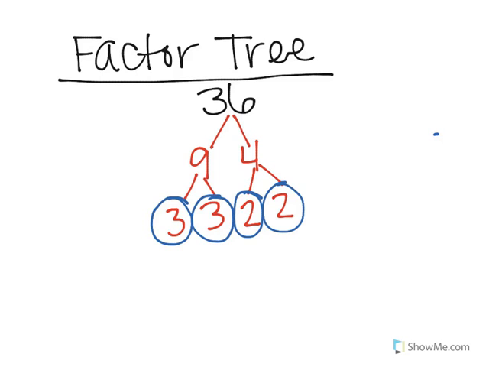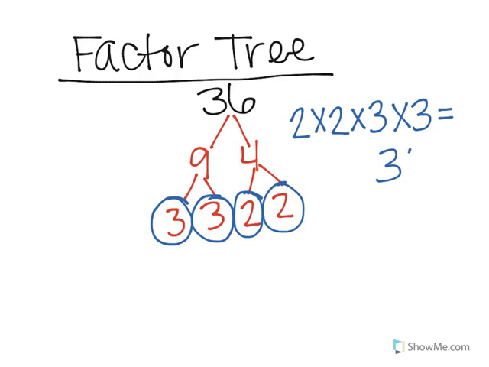So, let me erase that dot. 2 times 2 times 3 times 3 will equal 36. And let's just try that out. 2 times 2 is 4. 4 times 3 is 12. 12 times 3 is 36.